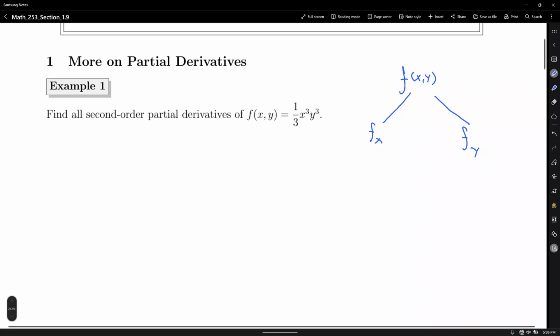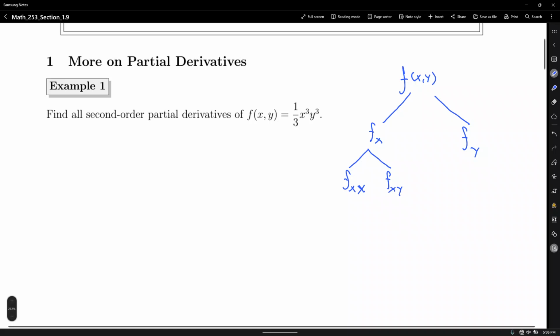Once we are done with the first order partial derivatives, we can take the second partial derivative. However, there's a total of 4 second order partial derivatives. Number one, whatever we already differentiated with respect to x, we can differentiate a second time with respect to x, that is twice with respect to x.